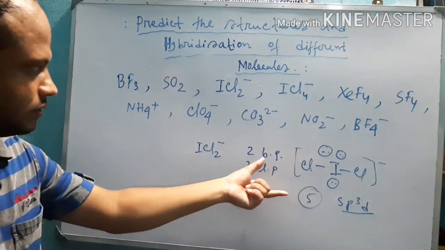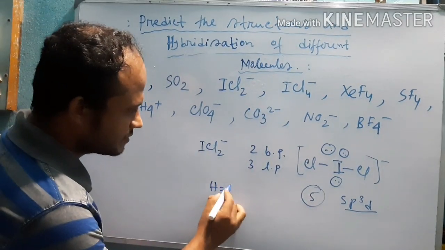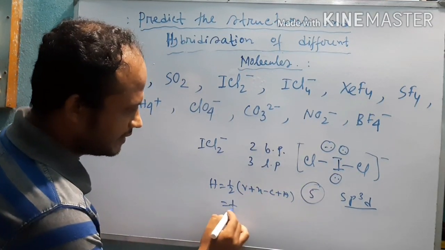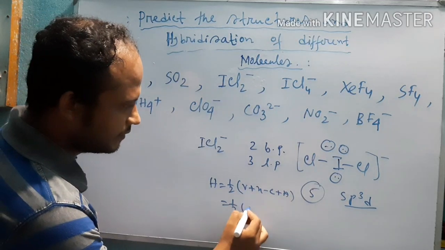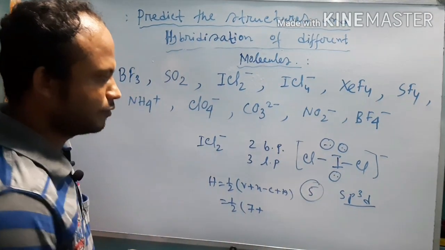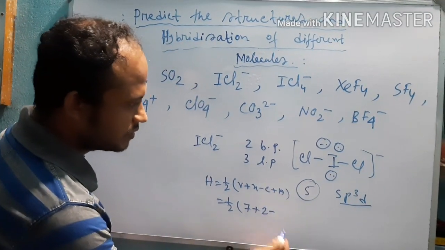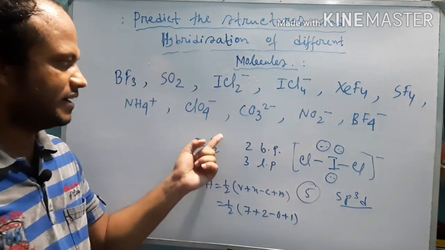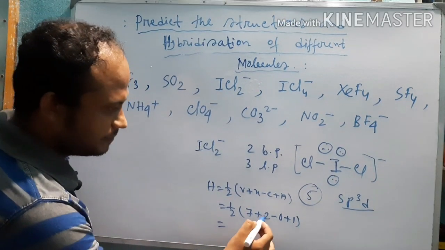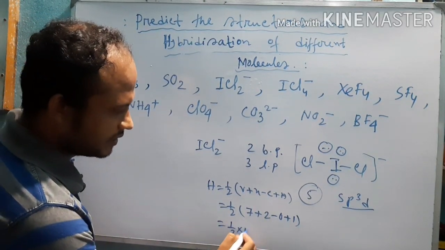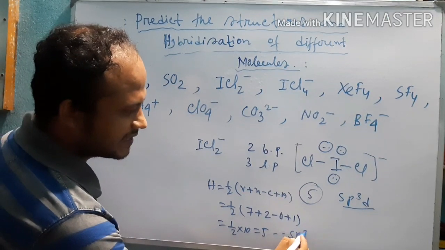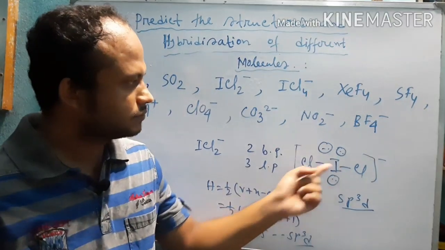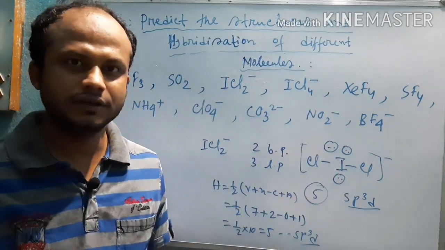If we put it in the formula, half of V plus X minus C plus A, the valence electron of iodine is 7, the monovalent atoms, chlorine, are 2, minus cation, that is 0, plus anion, that is 1. So half into 10 equals 5. 5 means sp3d. Clear? 2 sigma bonds and 3 lone pairs.